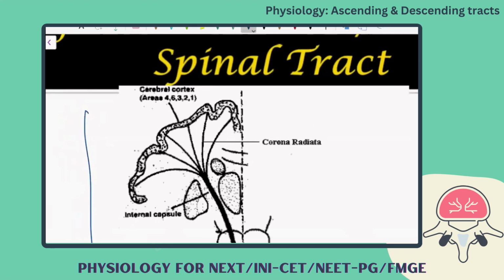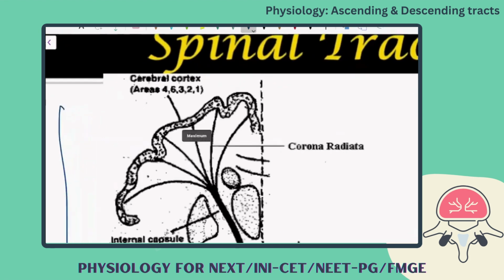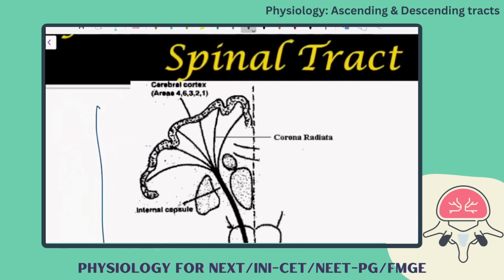The regions from which it is carrying the sensation are the motor cortex. Area 4 is specifically the primary motor cortex, and associated cortex area 6, and also from 3, 1, 2. What is 3, 1, 2 specifically? We saw somatosensory cortex 1 and 2.